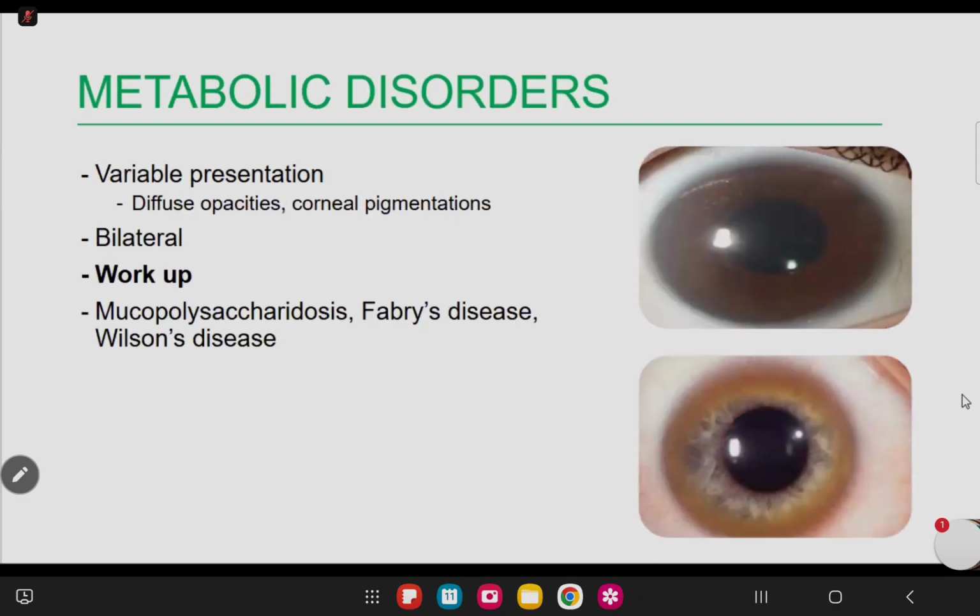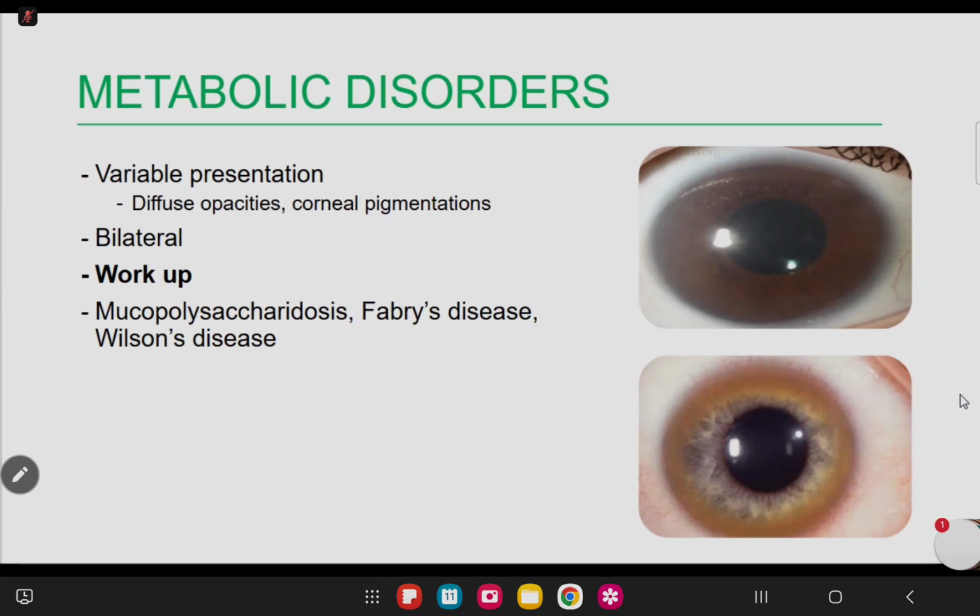Next would be metabolic disorders, the M of STUMPED. There are a lot of metabolic disorders you can think of. It's a variable presentation. It could give you diffuse opacities, corneal pigmentations. You have to work your patient up for systemic manifestations of the systemic metabolic disorders.